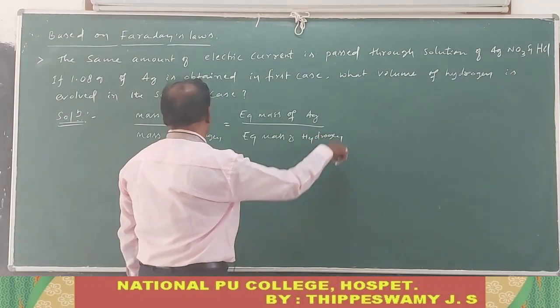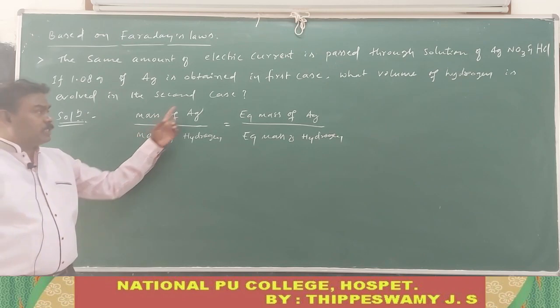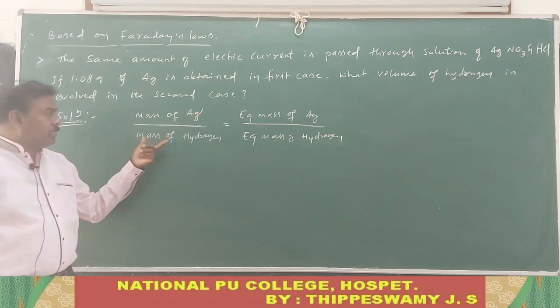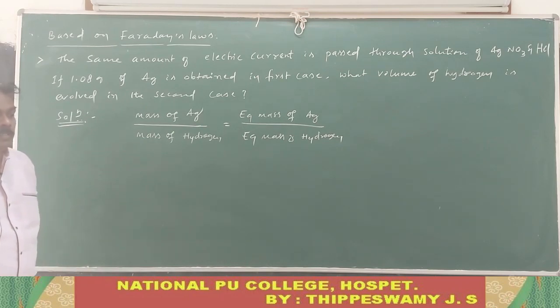In other words, we can write mass of silver by equivalent mass of silver is equal to mass of hydrogen by equivalent mass of hydrogen.